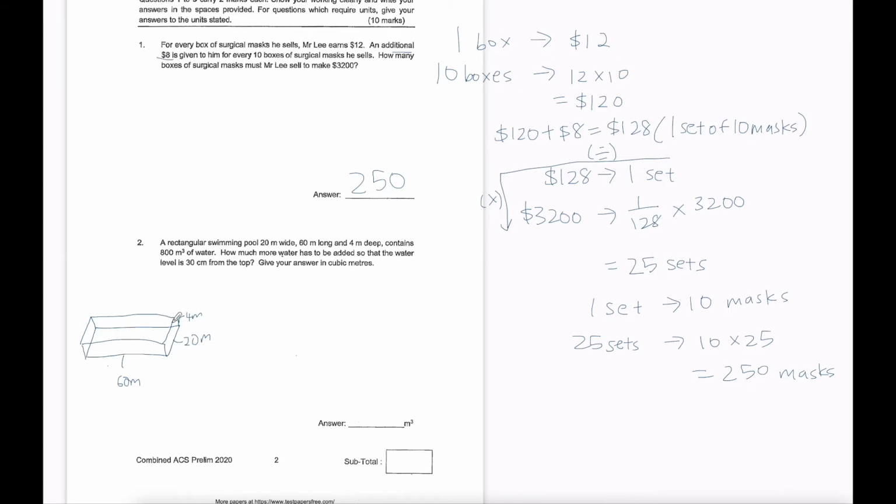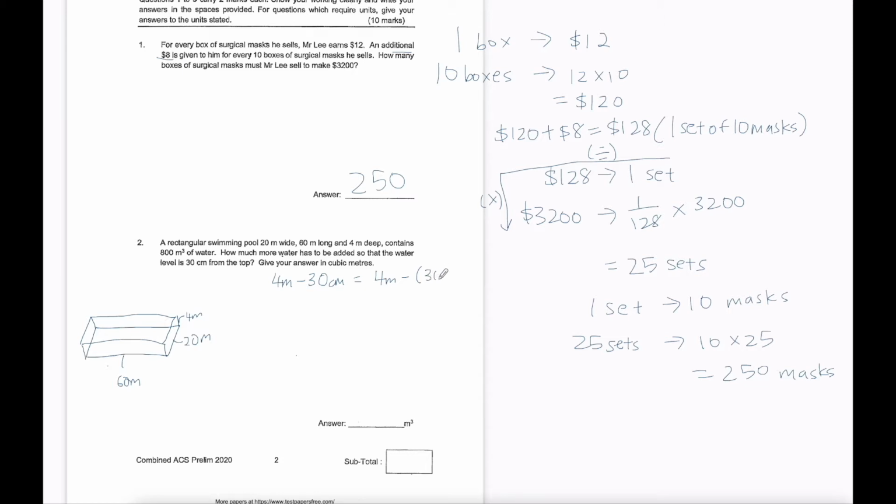30 cm from the top means that I need to take 4 meters minus away 30 cm. In this case, our answers have to be in meter cube, so I'm not going to convert my meters to cm. Instead, I'm going to convert my cm to meters. So cm to meters, I divide by 100.